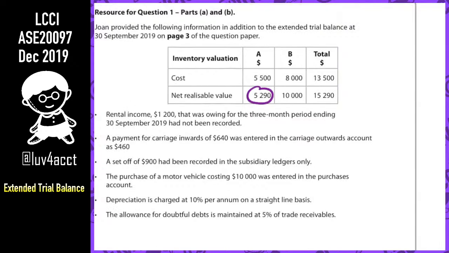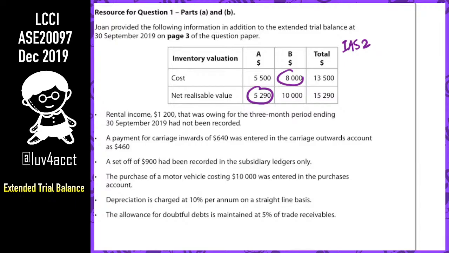For class B, no impairment. Remember we have IAS 2. It requires that inventory be valued at the lower of cost or NRV. So if cost is lower, then we keep the cost. But if there is impairment, the NRV becomes lower, then we use NRV.